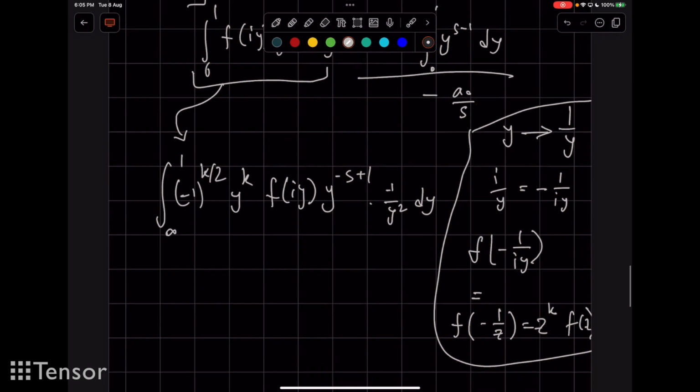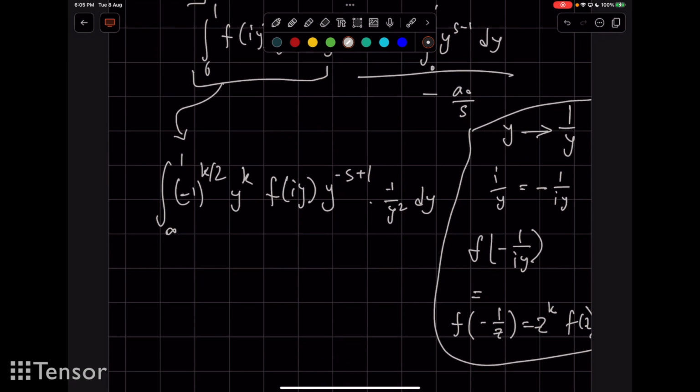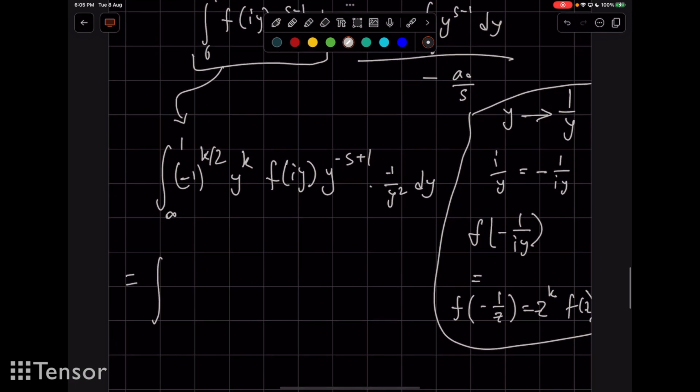This negative sign flips the limits. So we get the integral from 1 to infinity of negative 1 to the power k over 2, y to the k minus s, f of iy, dy over y.